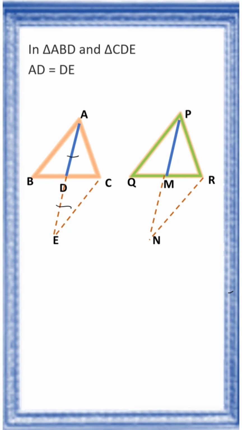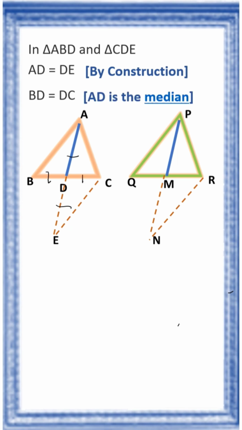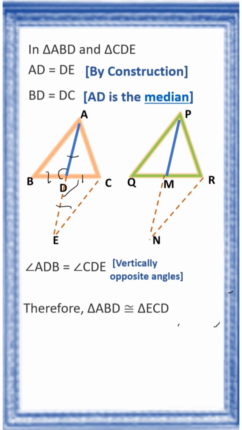Why? By construction. BD is equal to CD. Why? AD is the median. Angle ADB is equal to angle CDE. Why? Vertically opposite angles. Therefore, triangle ABD is congruent to triangle CDE. Why?